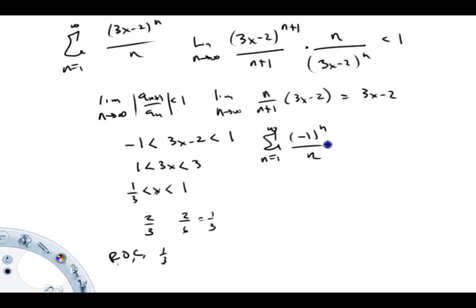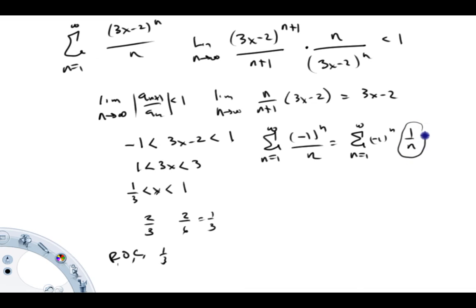Now, we're going to discuss the convergence of this. Let me write it: the sum from n equals 1 to infinity of (minus 1) to the n times 1 over n. Now, the series of 1 over n is divergent. However, this is an alternating series. Because it's an alternating series, if it satisfies the 3 criteria for an alternating series, this could be conditionally convergent. So the 3 criteria, I'm doing this from memory.